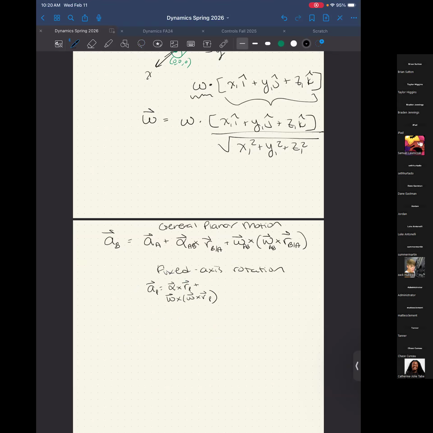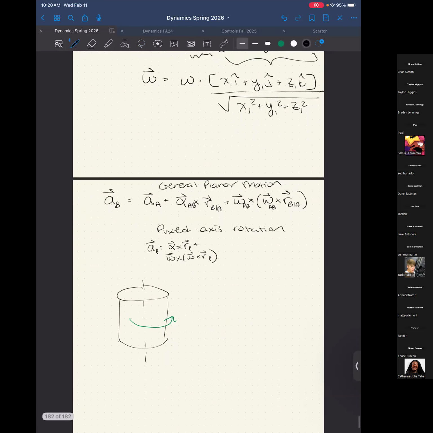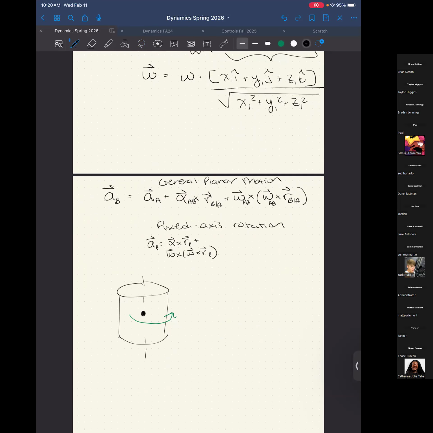Let's take a body doing fixed axis rotation, and say I want to relate a point on the axis to some point P using my general planar equations.